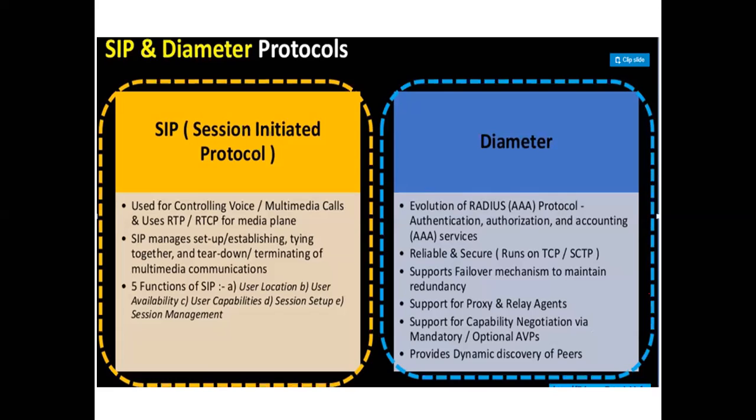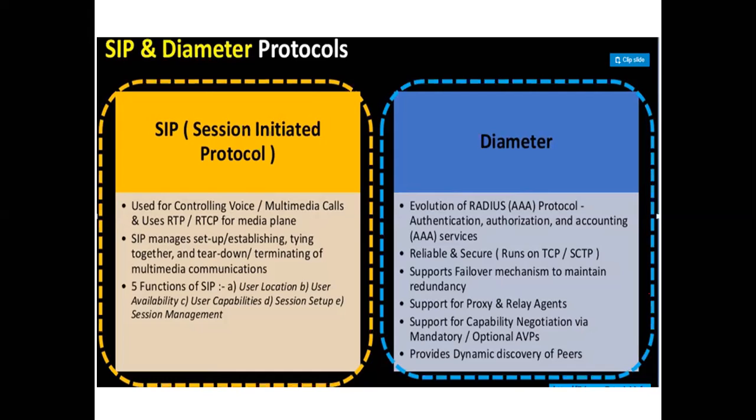SIP stands for Session Initiation Protocol, used for controlling voice and multimedia calls. It uses RTP and RTCP for the media plane. RTP and RTCP is nothing but, once I'm speaking something, it is stored in AMR.